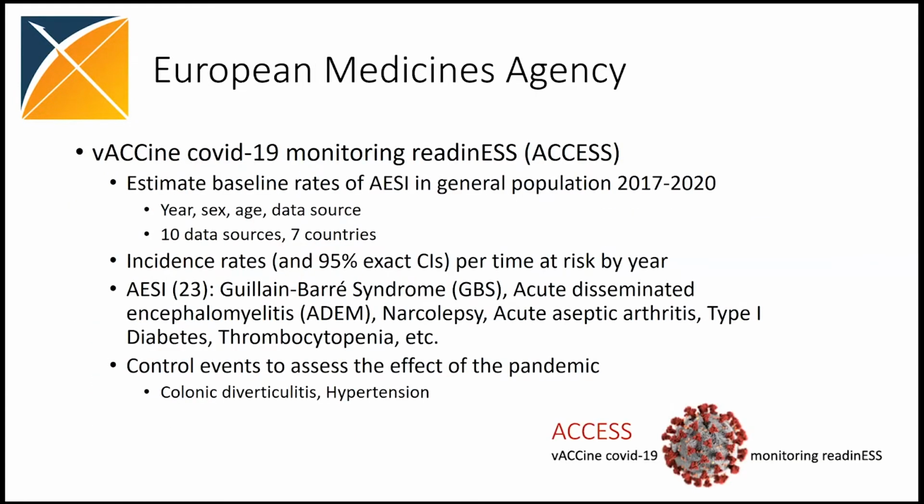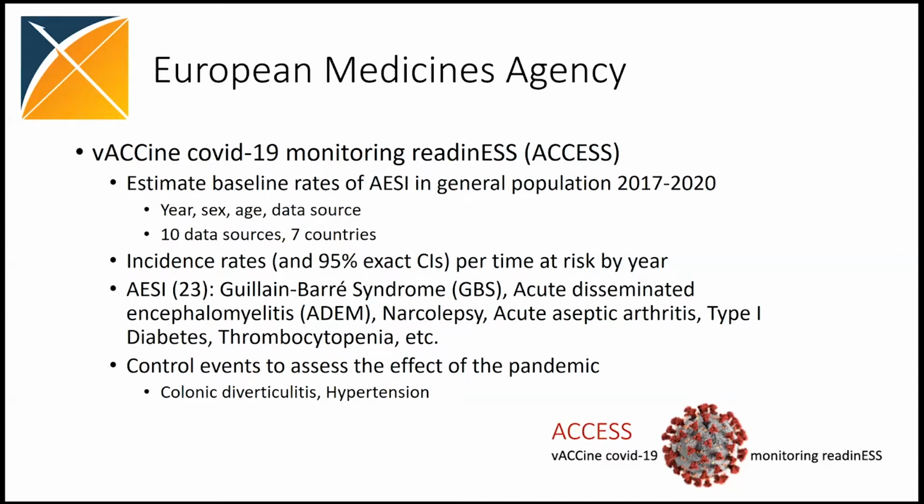Just to briefly note the two protocols, the European Medicines Agency has a protocol out called ACCESS, where they estimate baseline rates of these outcomes in the general population. They stratify by important population factors and the data source. They're going to be calculating incidence rates and providing 95% exact confidence intervals.